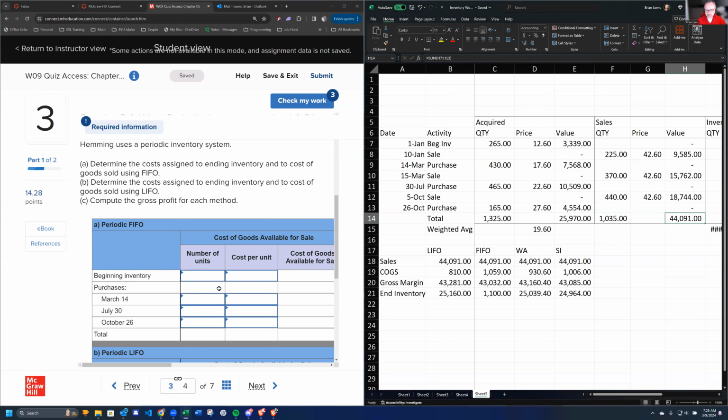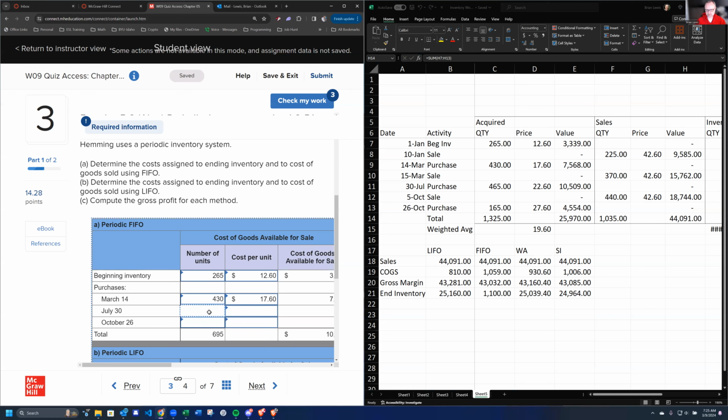So we know this one, we can already figure this one out. We got units, beginning inventory of 265, cost per unit 1260. I'm just taking what I see here. Okay. And I've got purchases 430 at 1760.